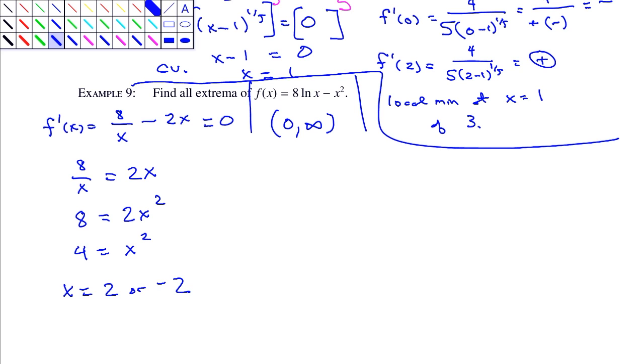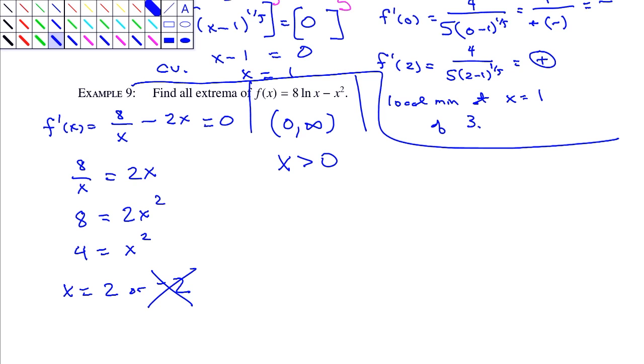So that means the x has to be greater than 0, which eliminates which of my quote-unquote critical values? Negative 2 is out. Again, critical values have to come from the domain of the original function. The restricted domain of the natural log function is 0 to infinity. Negative 2 does not fall within that range, so negative 2 is out.